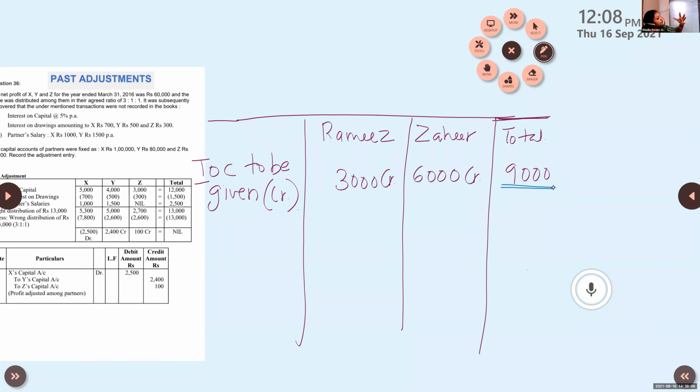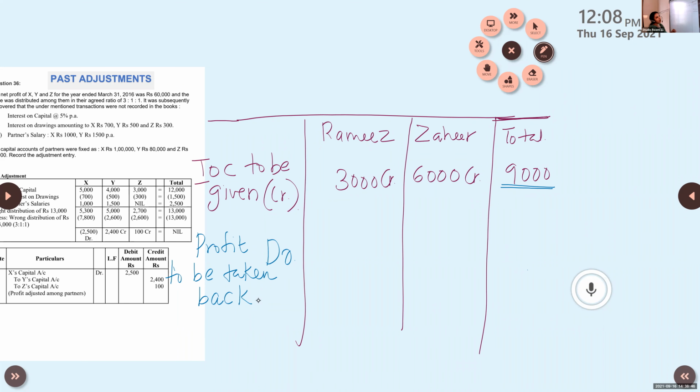So when you take it back, we have to give debit. Profit is actually credited in the capital account, so we need to take it back. Profit to be taken back. You can write it as per your level of understanding.